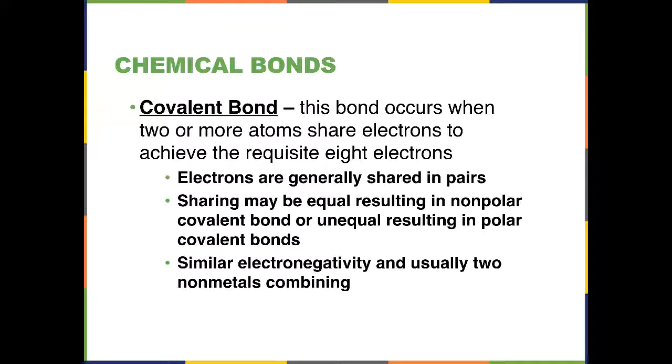Similar electronegativity is usually seen in two atoms that combine. Now remember, with the ionic bond, you had to have different electronegativity for the bonding to occur. With covalent bonding, you have similar electronegativity. And this is almost always when two nonmetals combine with each other.